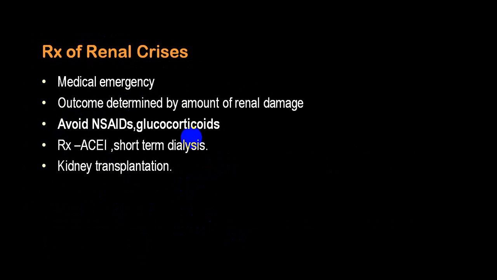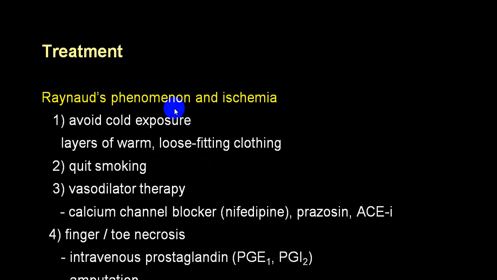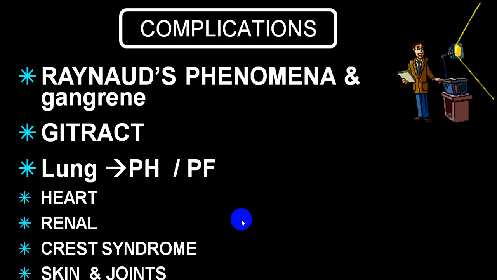In renal crisis, glucocorticoids should be avoided. ACE inhibitor is the first drug of choice. For skin, steroid, penicillamine, cyclophosphamide, etc. And for telangiectasia, lesser. For Raynaud's phenomenon, avoid exposure to cold, quit smoking, vasodilators like CCB, particularly nifedipine, is a drug of choice.